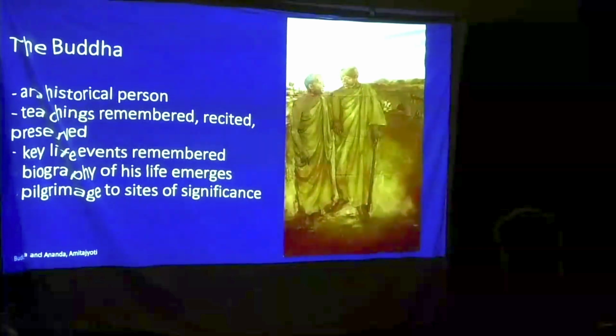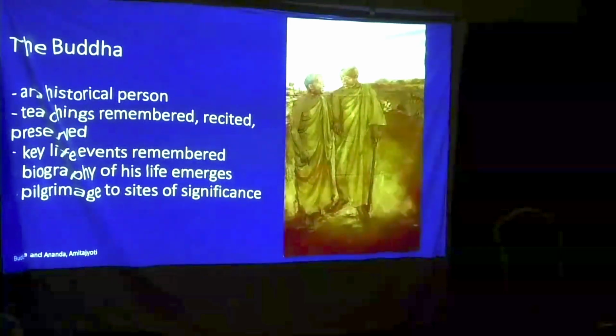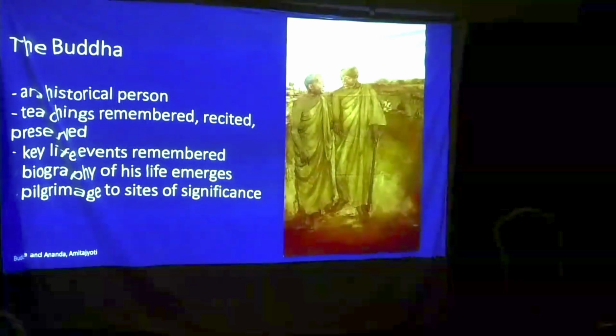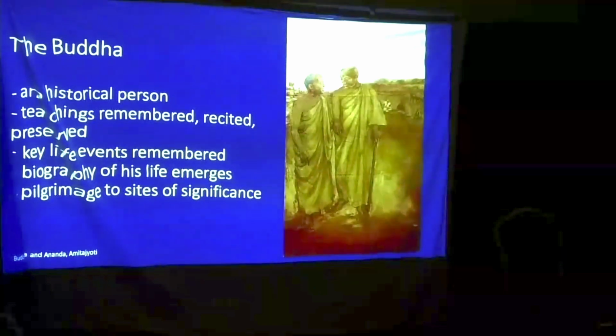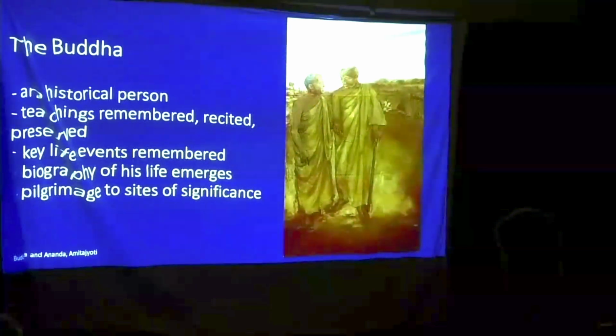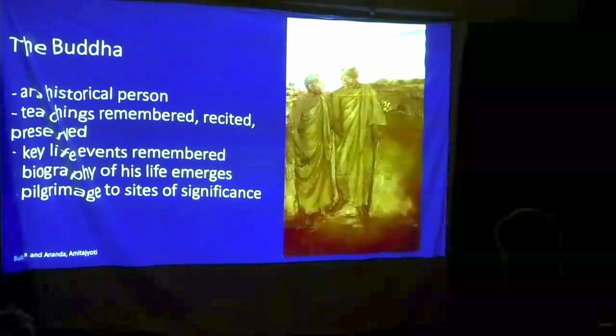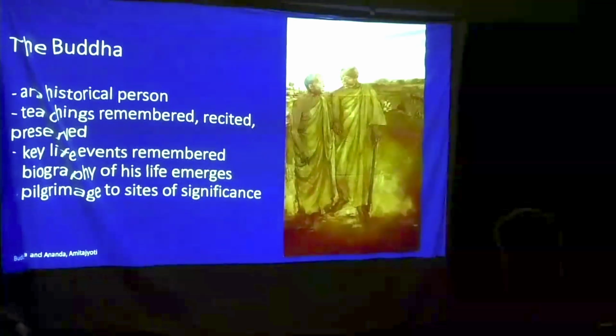So I just wanted to start with this image of the Buddha. We have the Buddha, who is a historical person. And his teachings were remembered and recited, and they were preserved. And key life events were remembered. His biography emerged over time, and key sites of his life became really important.